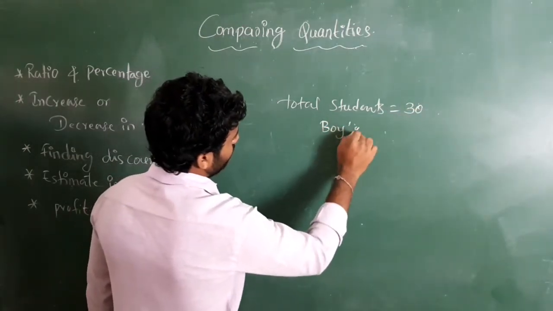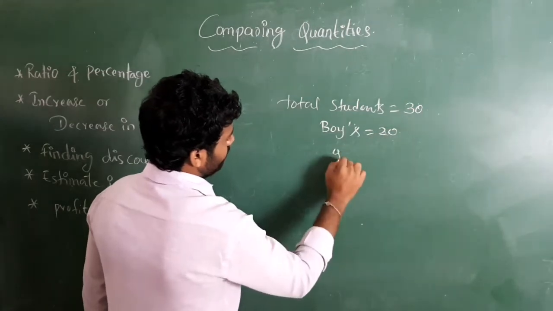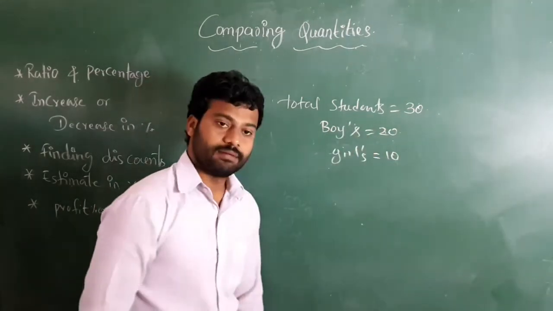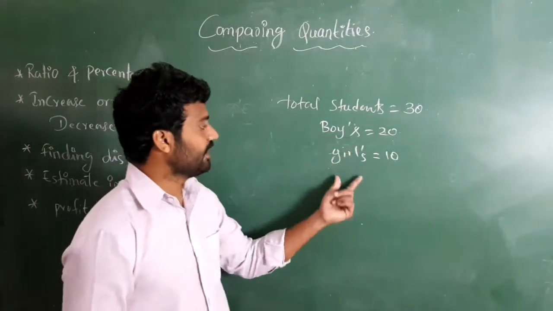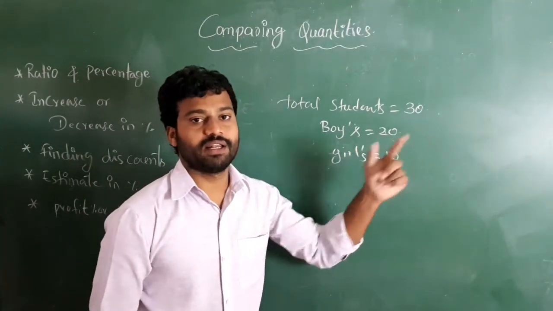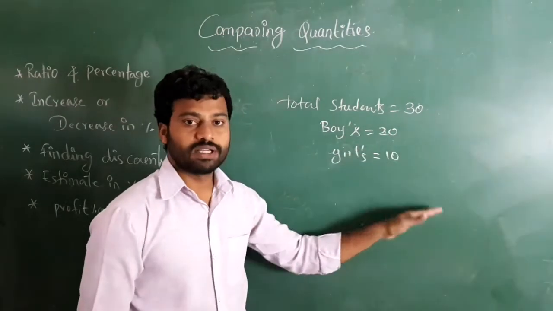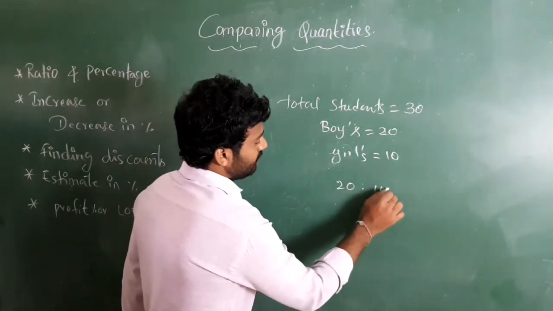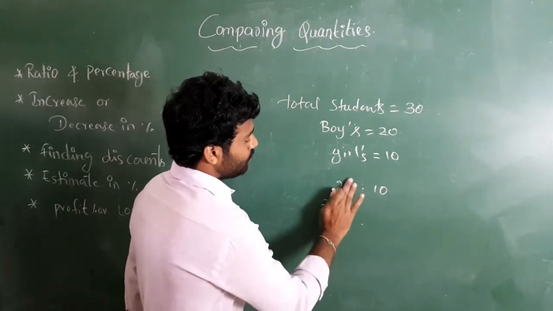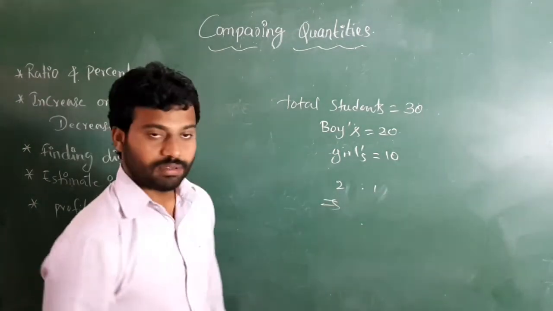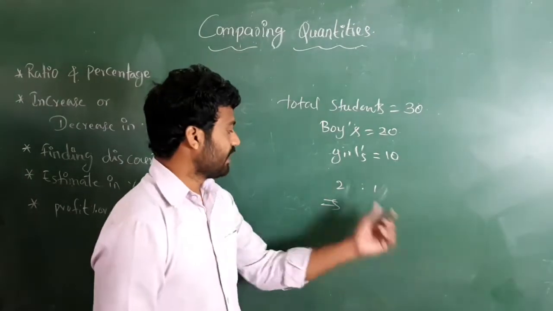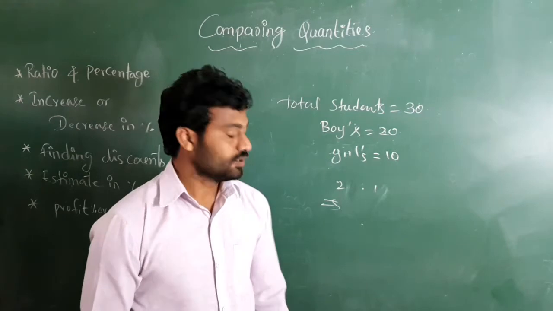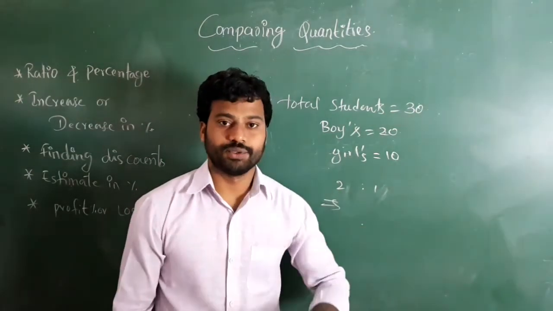Boys are 20, girls are 10. Two different quantities, so now we can compare boys to girls. 20 is to 10, that is nothing but 2 is to 1. So for every 2 boys, 1 girl. So 2 is to 1 ratio.